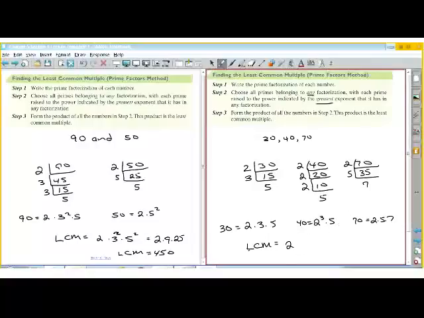Well, 2 is used, and again, it doesn't have to be in every one, it just has to be in at least one of them. So 2 is used, 3 is used, 5 is used. Let's see if there's anything else besides 2s, 3s, and 5s. Well, 7. Okay, so those are the prime numbers that I used. And then you go back and look for the highest power. Well, the only one that's raised to a power is 2, so I'm going to cube that. But all the other ones are to the first power. Yes?